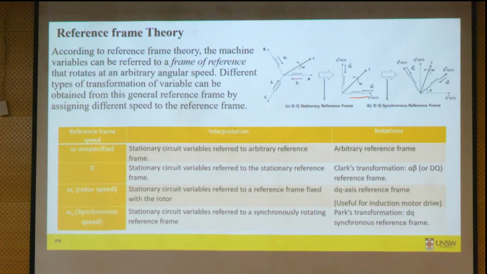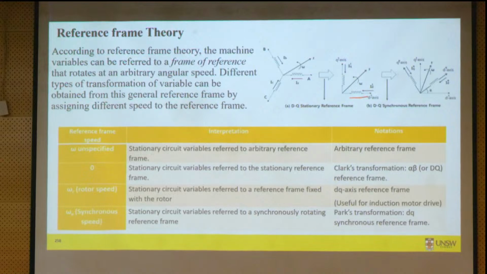Or if we say these DQ are rotating with arbitrary speed, we will get an arbitrary reference frame. And we can easily transform from one frame to another frame; it is all mathematical transformation only.